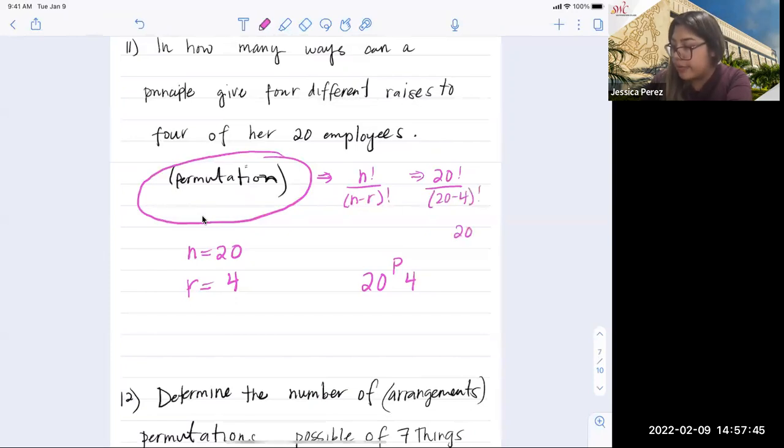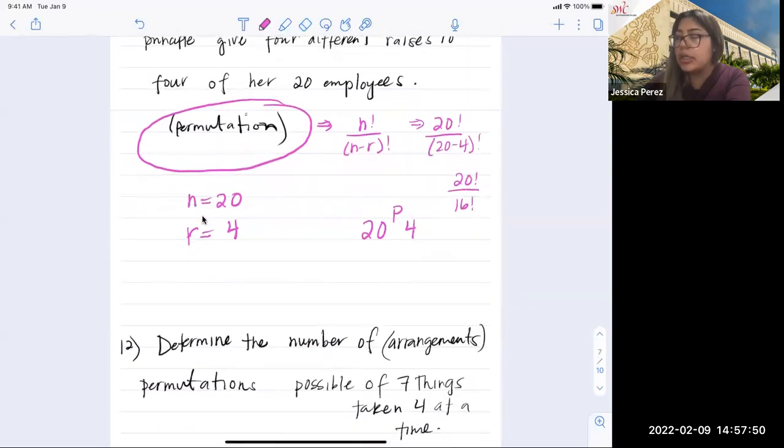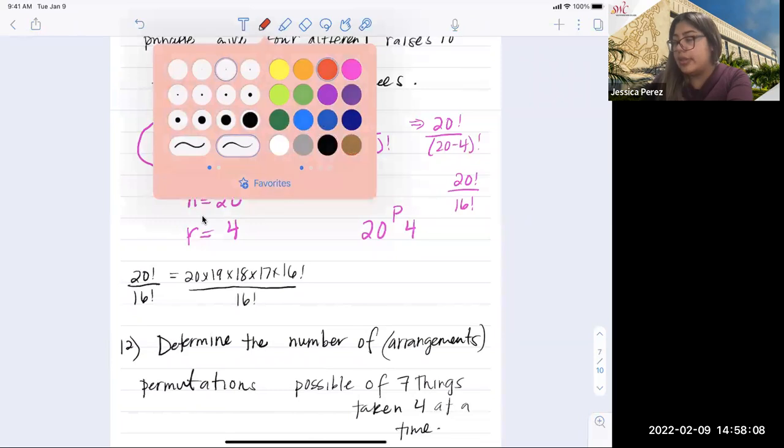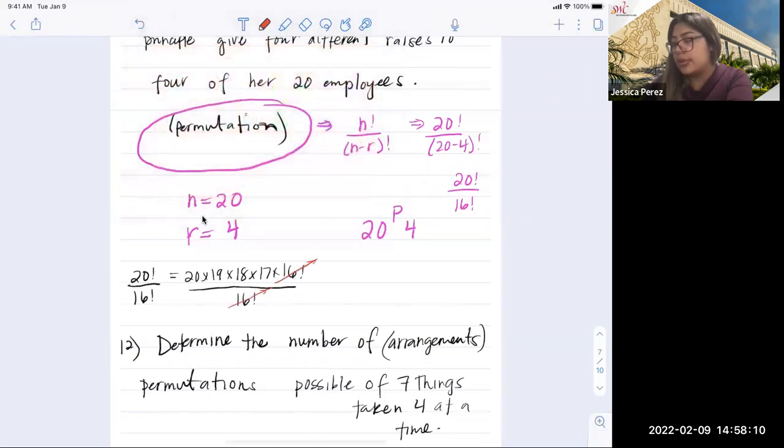So 20 factorial over 16 factorial is 20 times 19 times 18 times 17 times 16 factorial all over 16 factorial. The 16 factorials will cancel, and you're going to be left with 20 times 19 times 18 times 17.